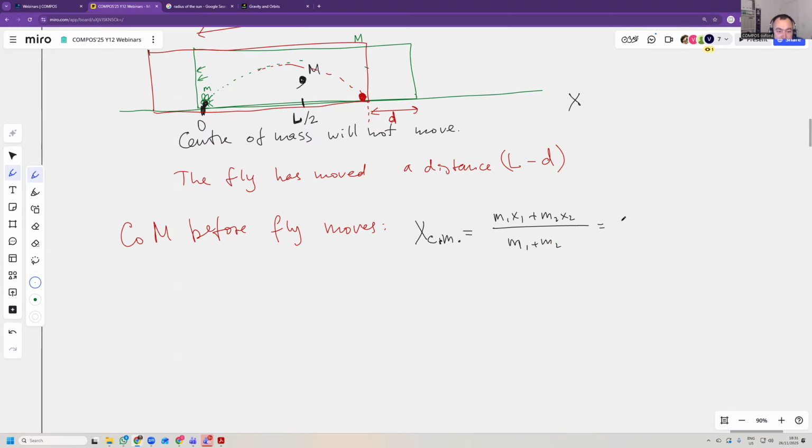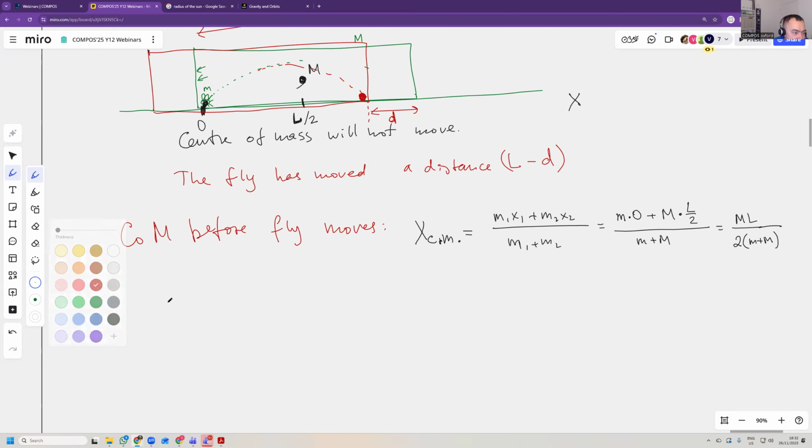So that is the mass of the fly, which is small m, times the position of the fly, which is 0, plus the mass of the cylinder, which is capital M, times the center of mass of the cylinder, which is L over 2, divided by m plus M. Which is M L over 2, over (m plus M).